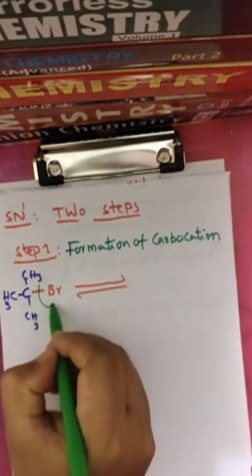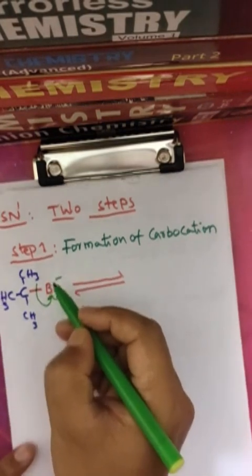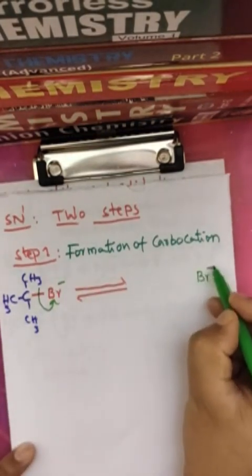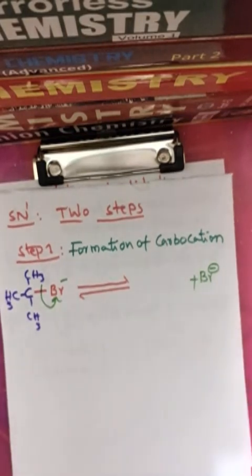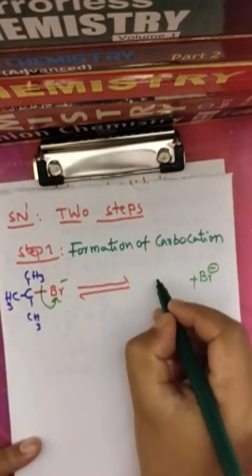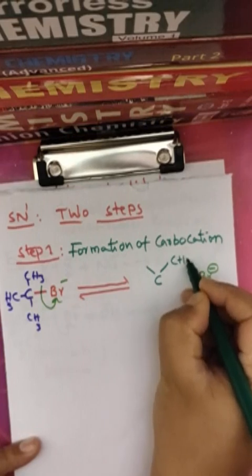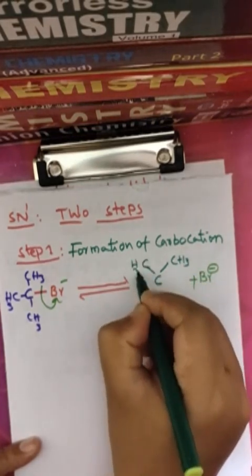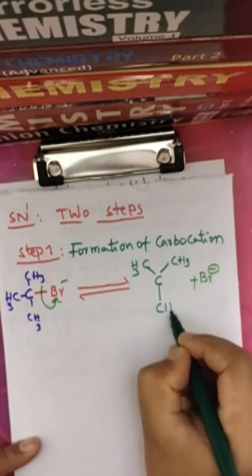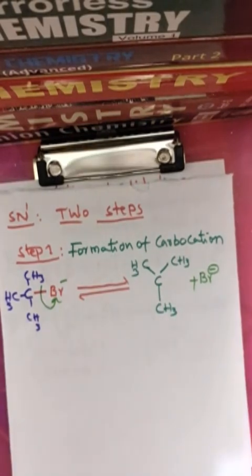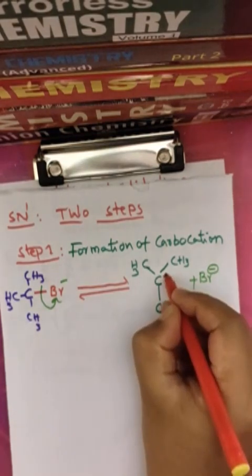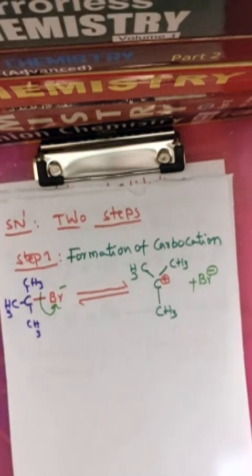This is the bond we are breaking, and you are getting Br minus, bromide ion, and the product you are getting is a 3 degree carbocation. This is a 3 degree carbocation, a carbon bonded with 3 methyl groups and with a positive charge. Now, what happened here?